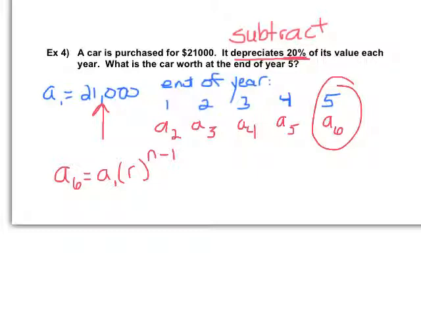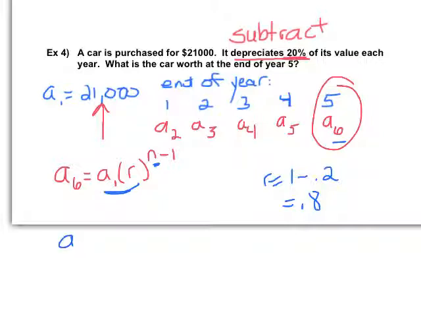If I'm decreasing by 20%, that's equivalent to multiplying the whole number by 80%. It's 1 minus 0.2. So when you're decreasing, you have to subtract that percentage from 1. The common ratio is 0.8. And then n is actually 6.